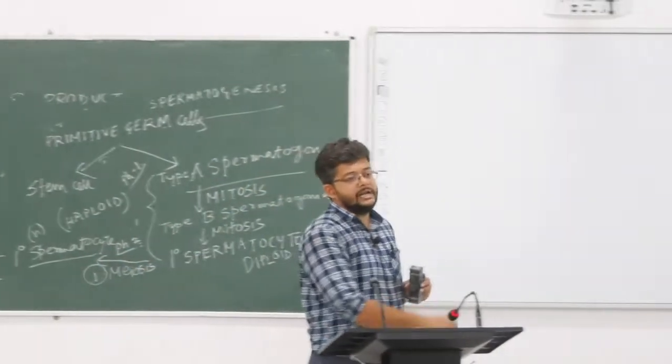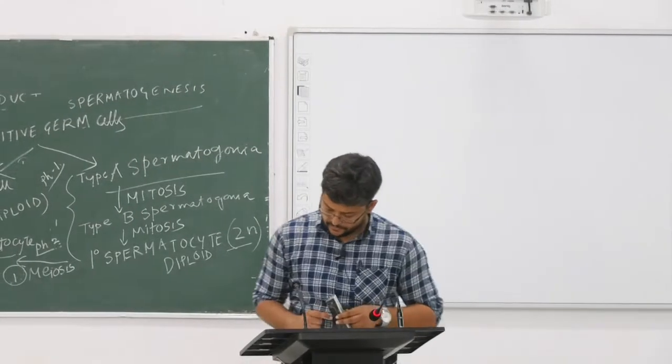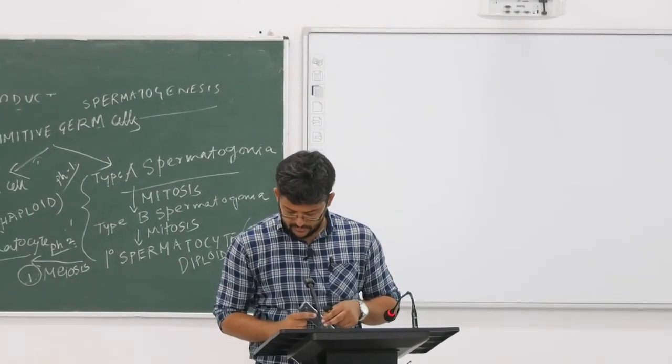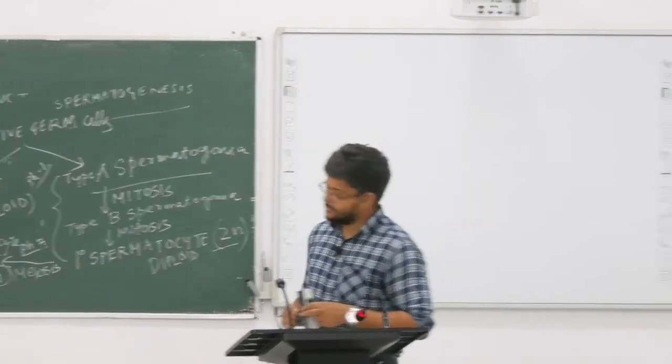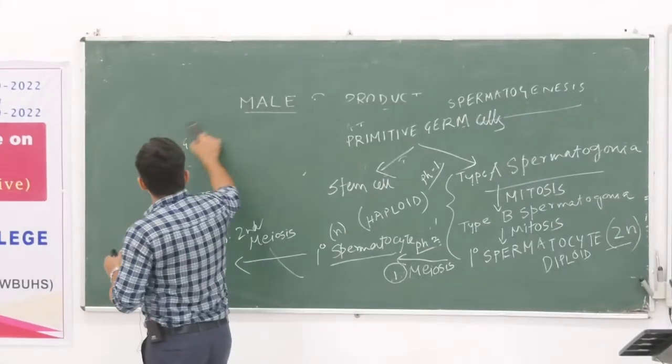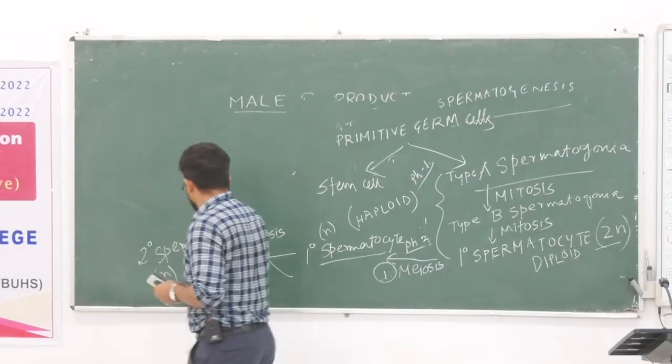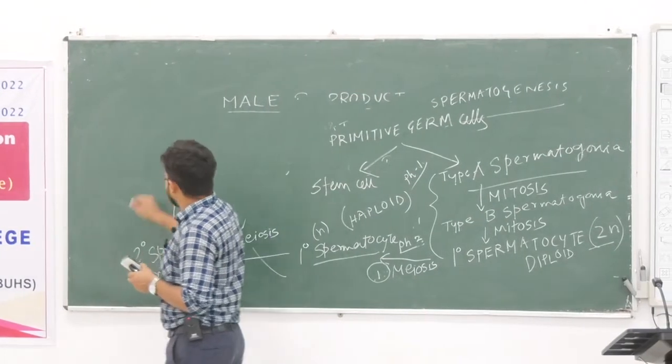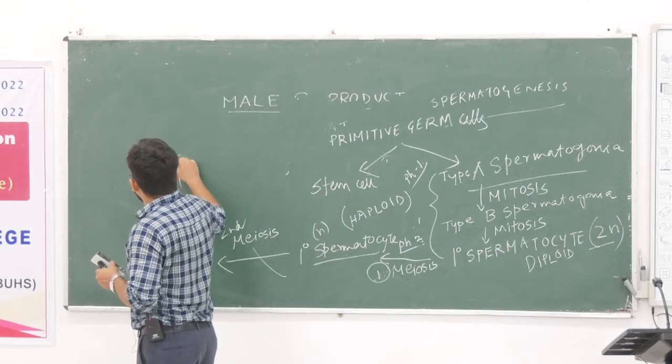Then that is the secondary spermatocyte. Secondary spermatocyte will move into spermatid.